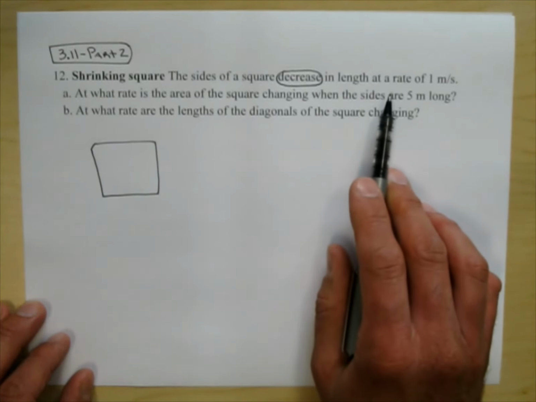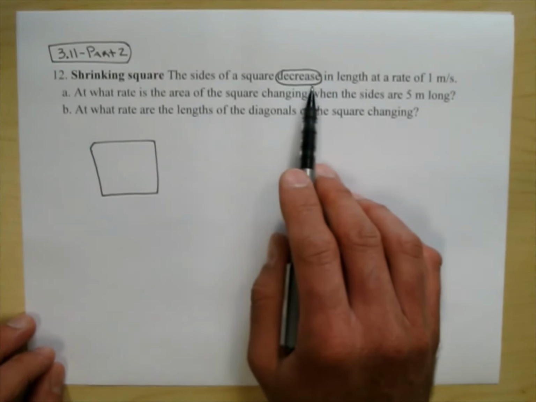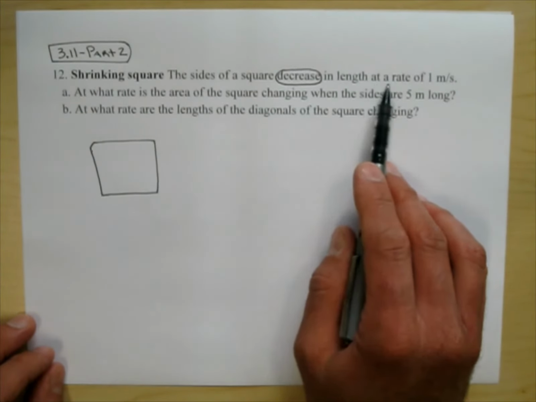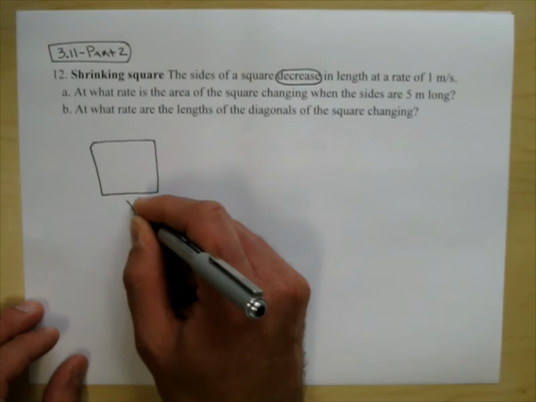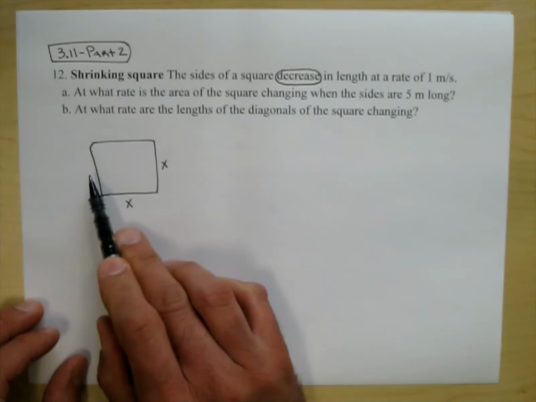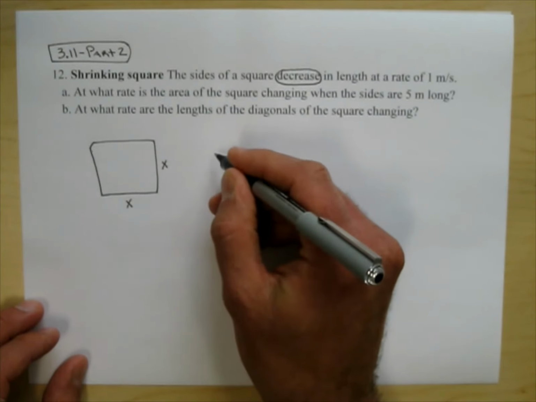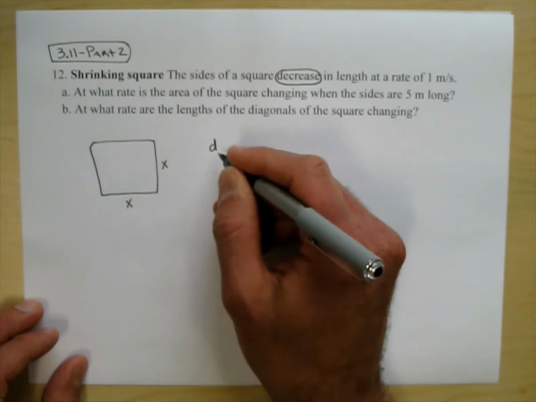It says the sides of a square decrease in length at a rate of 1 meter per second. So I have to call the sides something. I'll just call them x. And they're all the same. So x, x. I can put an x there and an x there. So that's my first thing that I'm going to put down here.